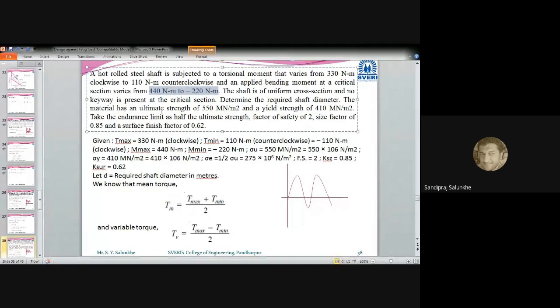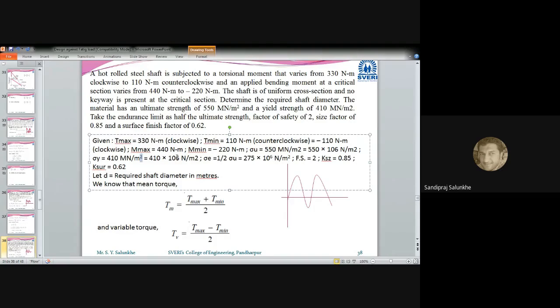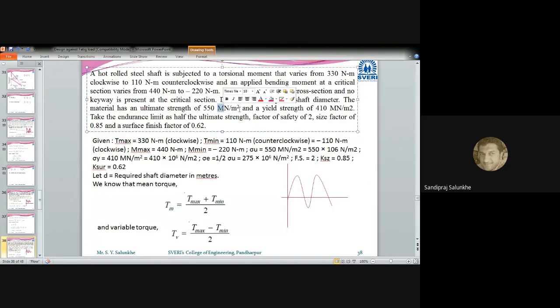The material has an ultimate strength of 450 mega Newton per meter square, that is 10 to the power 6.